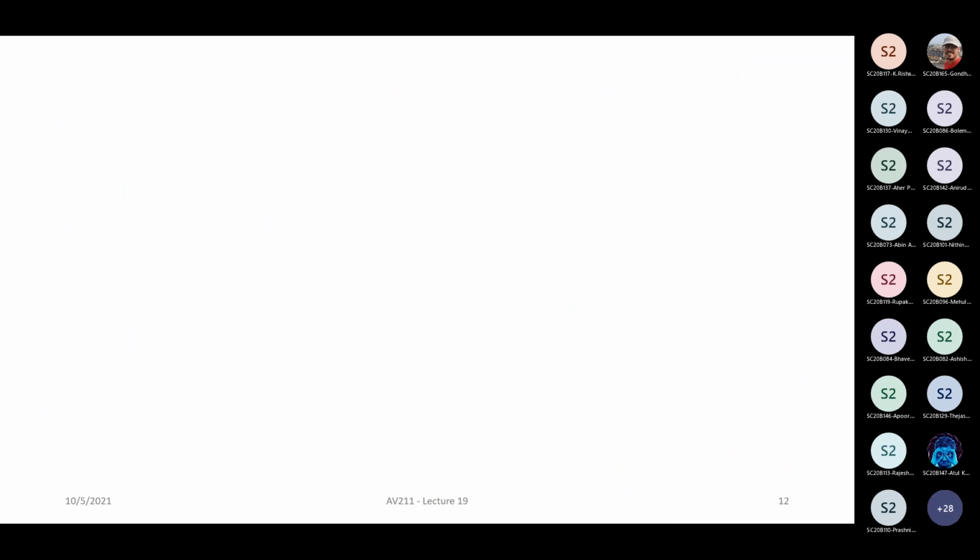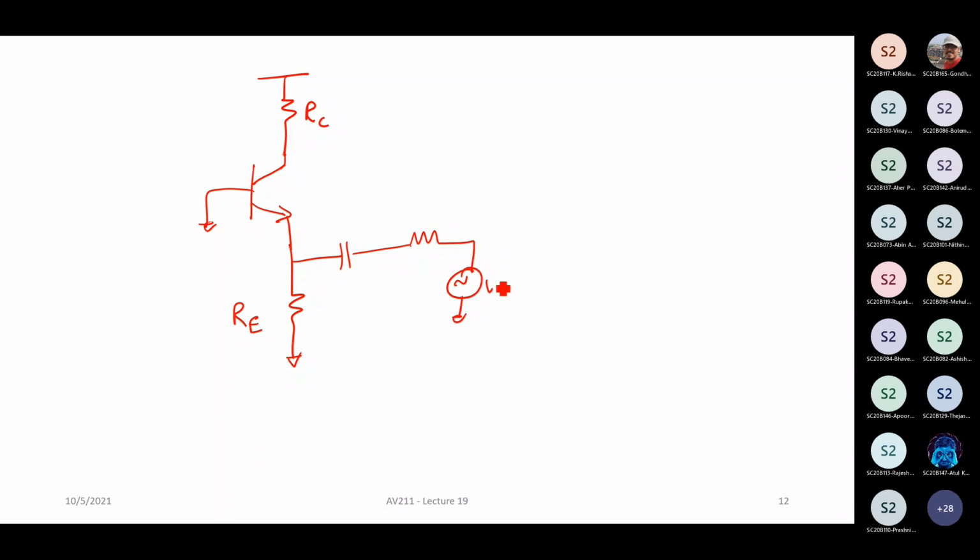Now, let me come to the point that somebody raised. So you said, okay, why not use a circuit which is like this? Why not use, let's say, this is R capital E and you have VN, RS, V out.